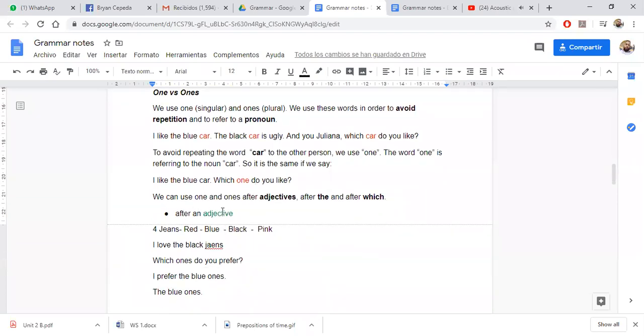For example, after an adjective, jeans, red, blue, black, pink. I love the black jeans. Which ones do you prefer? I prefer the blue ones. As you notice, we have an adjective here.